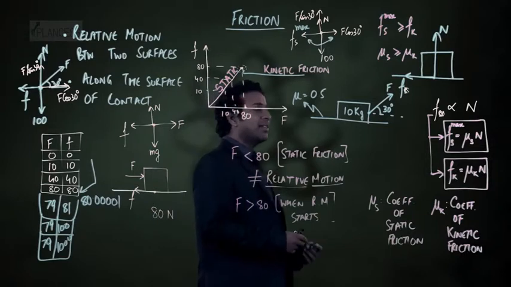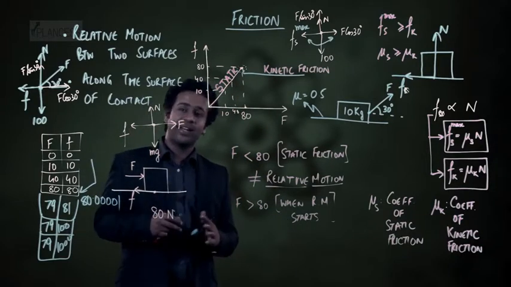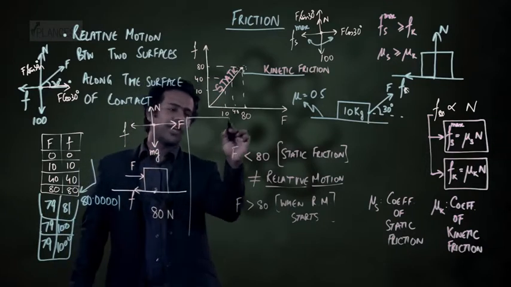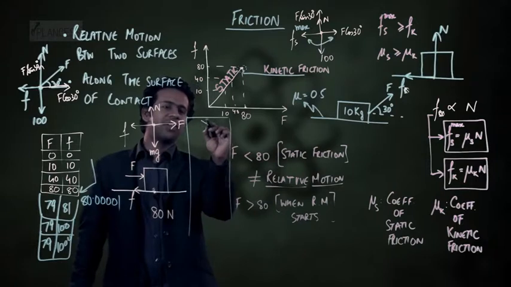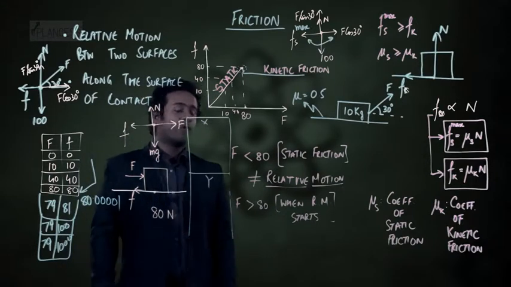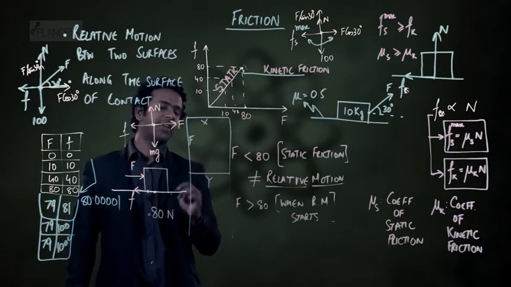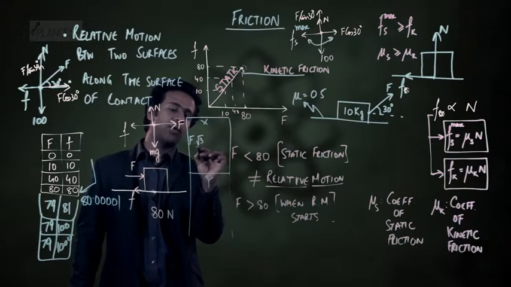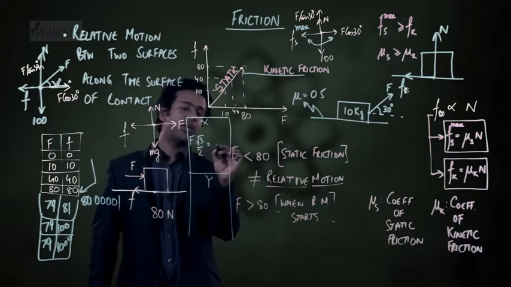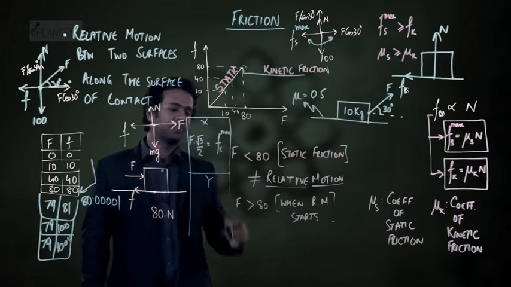So once again, in our list of procedures, the next thing to do is to write the equations for x and y separately. So let's do that. Let's first write the equations for x and then for y. For the equations in x, we see that F cos 30 degrees, now cos 30, I hope you know, is root 3 by 2, is equal to static friction maximum.